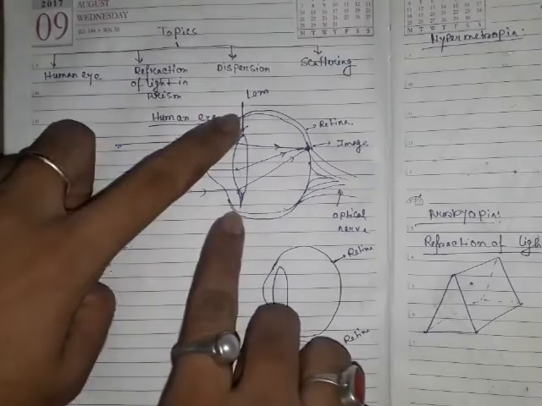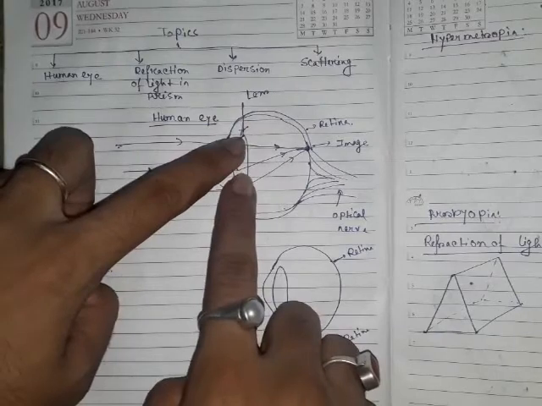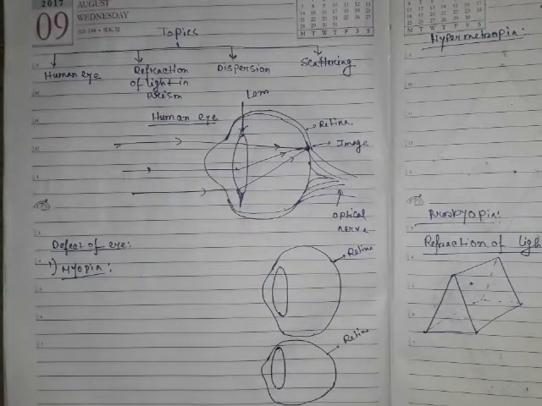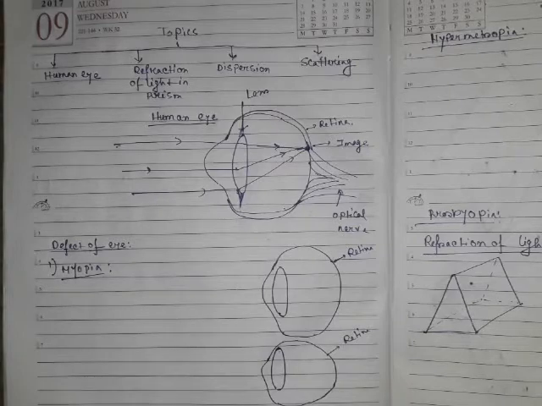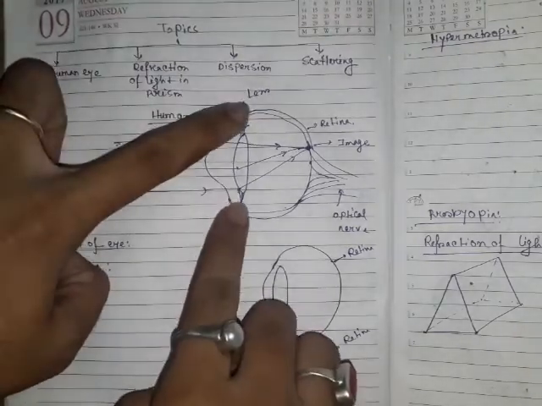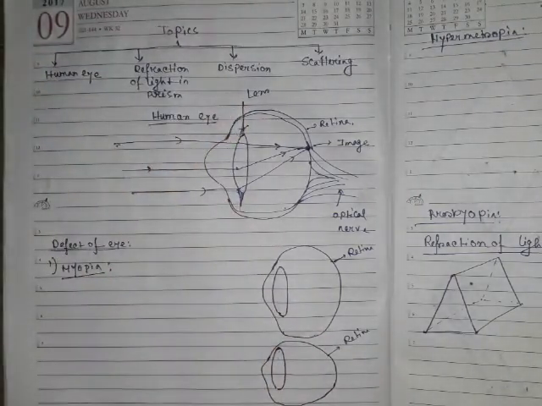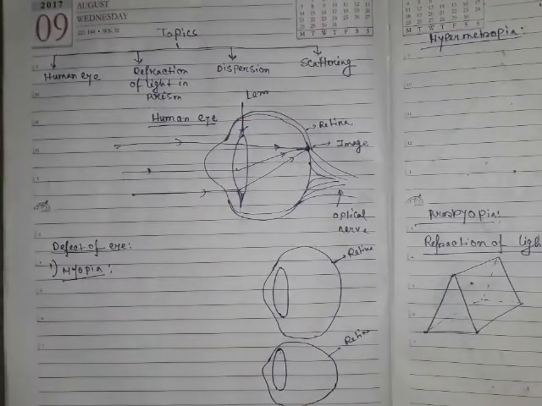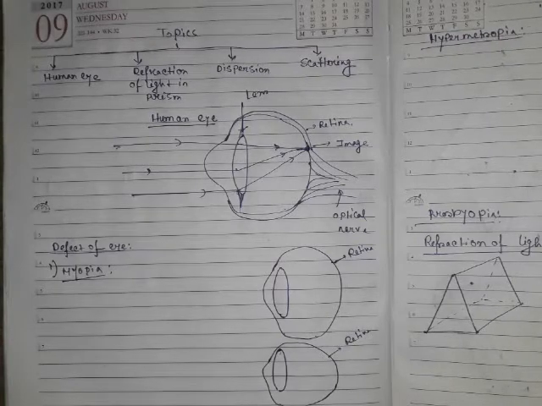That means these two muscles can extend or contract the lens. When the lens is extended, it becomes thinner, and as a result its focal length increases. When the ciliary muscle contracts, the lens becomes thicker, and its focal length decreases.